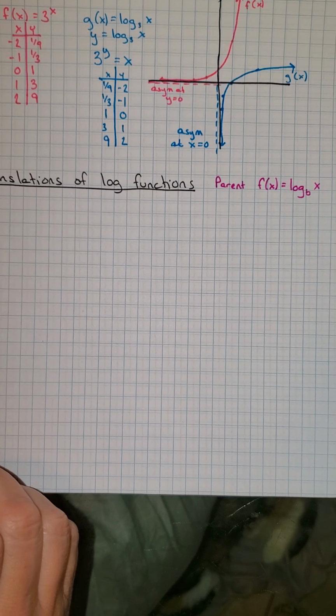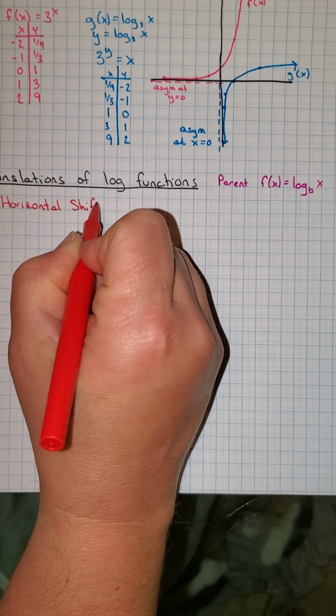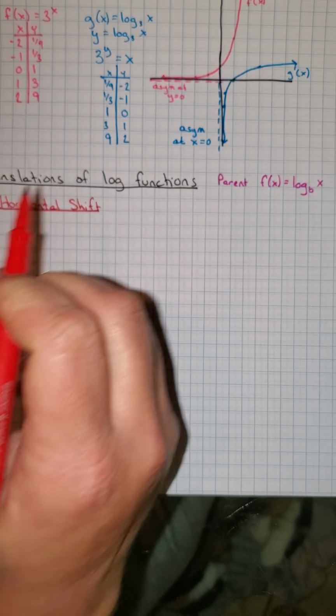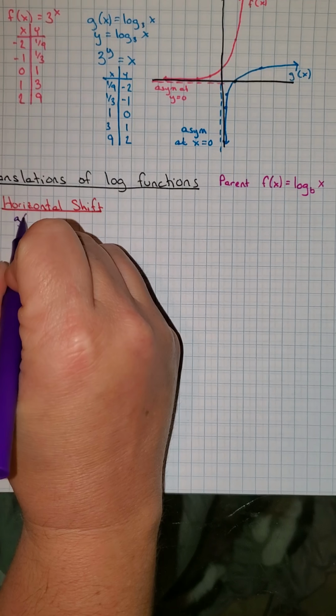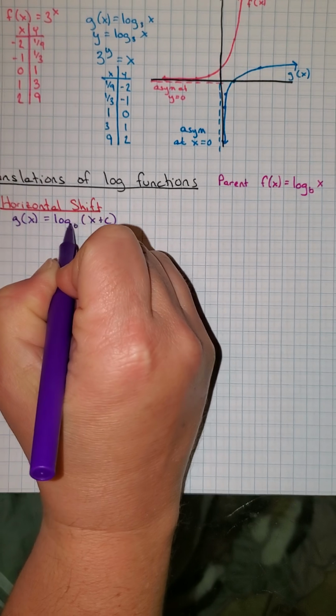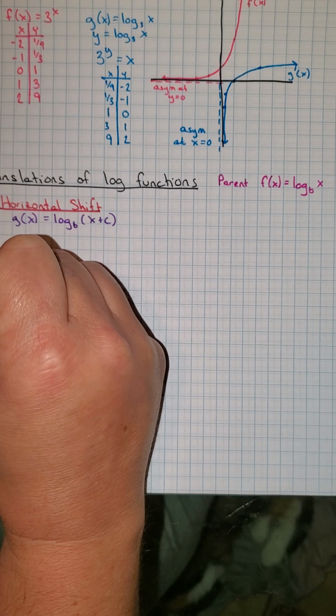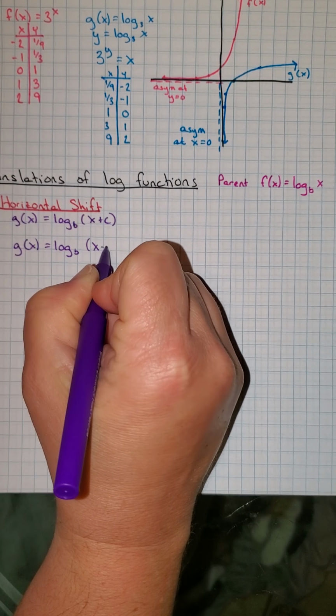Okay, so first will be our horizontal shift. And again, this is something happening inside the function, and it's opposite, just like before as well. So g of x could equal log base b of x plus c, or g of x could equal log base b of x minus c.